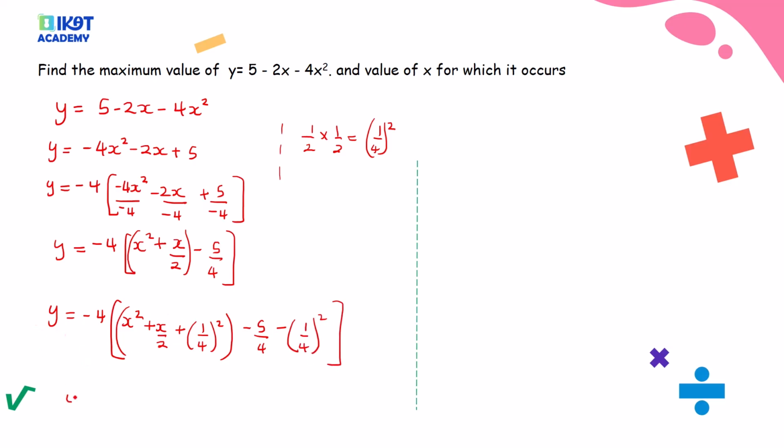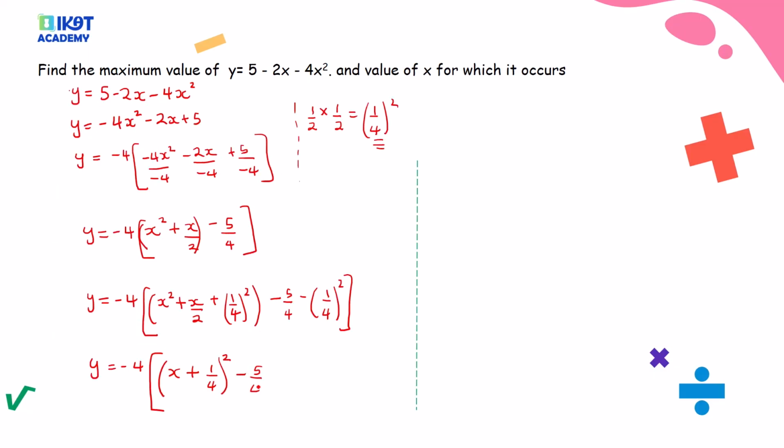So what are we going to have here? We have y is equal to negative 4 into, we bring our x, the sign after it, which is a plus, then we bring this, so we've formed our perfect square. Then now minus 5 out of 4, then when you square this we get minus 1 out of 16.